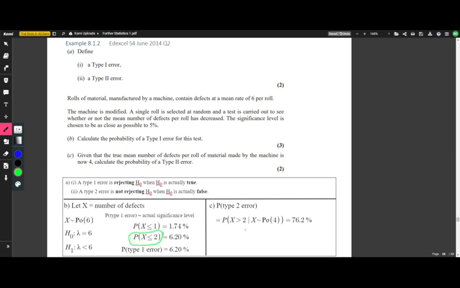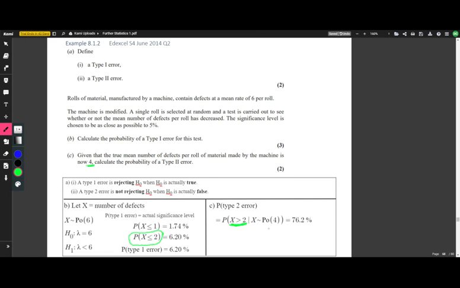the values of X where we would not reject the null will be values outside that critical region. Remember, this is a one-tailed test. So anything bigger than 2, and we're not rejecting the null. So type 2 error, the chance we do not reject the null when it turns out the null was false. In this particular case, lambda is actually 4. So we need to be given a true value to be able to work out the chance of a type 2 error.